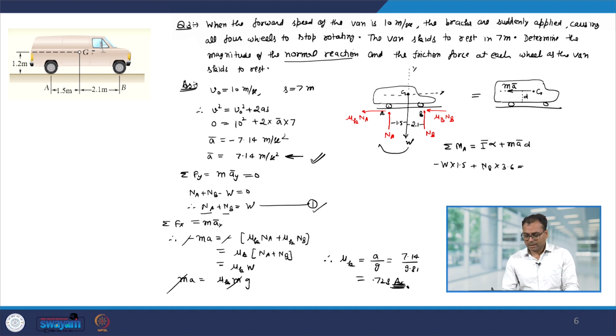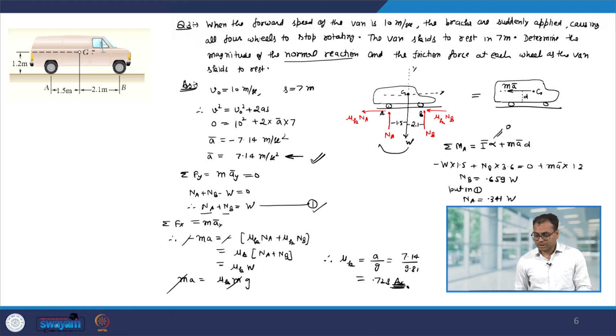Okay. Note that here there is no angular acceleration, so therefore, this alpha is 0. So, therefore, we have 0 plus m a into d, d is 1.2 meter. Okay. Now, this equation gives me NB equal to 0.659 W. We can put this in 1, we will get NA equal to 0.341 W.